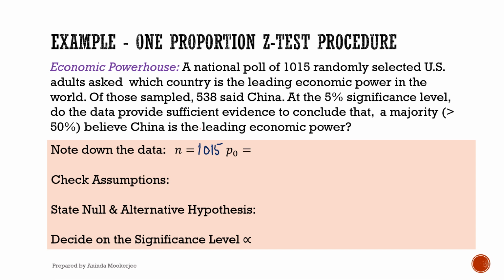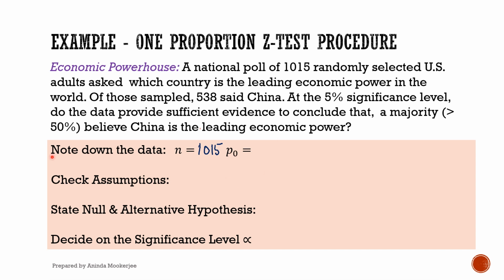All right, they were asked which country is the leading economic power, and 538 of the respondents said that China was the leading economic power. Now the question says, at the 5% significance level, do the data provide sufficient evidence to conclude that a majority, which means greater than 50%, responded China being the leading economic power.